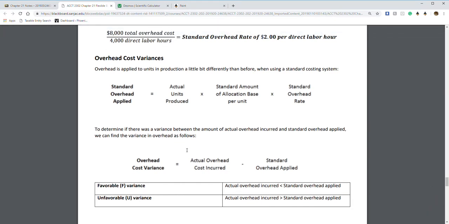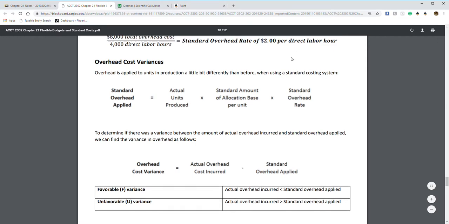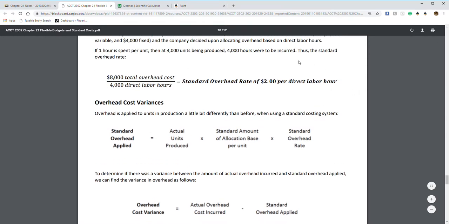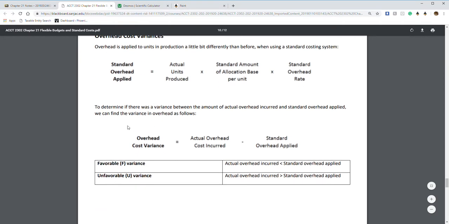Then we have overhead cost variance, which is our actual overhead cost incurred minus standard overhead applied. So we have to figure out our predetermined rate first, then standard overhead, then we get to do overhead cost variance.